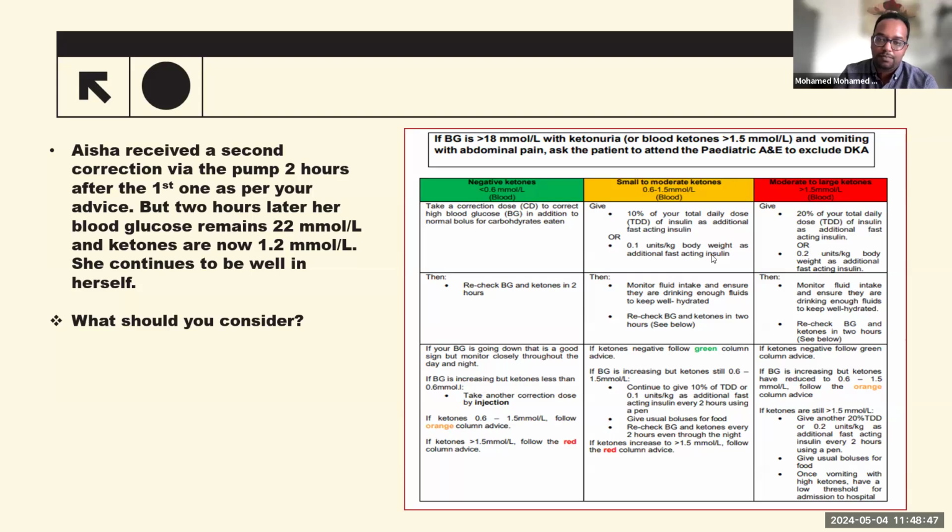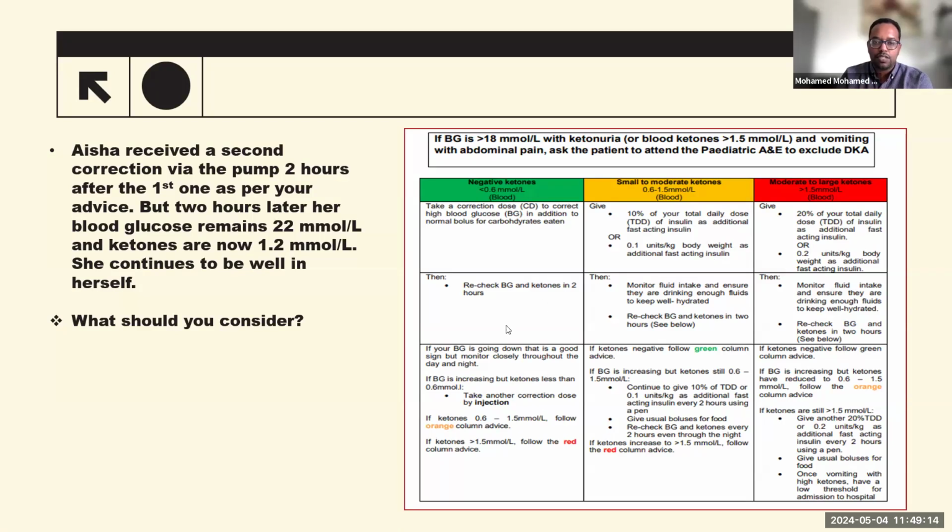So now, if I have a patient in closed loop system who's had 2 corrections and insulin and the ketones are rising, glucose is not coming down, the first thing I question is the pump working? Especially knowing that she's been on the closed loop system only a month ago. So I don't know how much confidence there is with dealing with the cannulas change, cartridges, reading the alarms and everything.